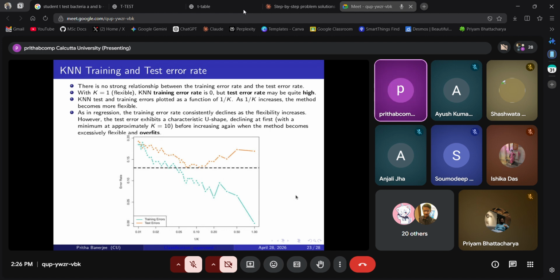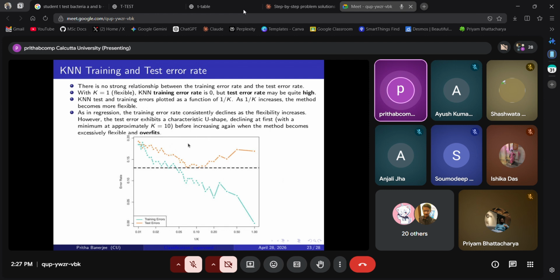Then you fit the new test values, look at the neighbors, and compare with the original labels of the test data set. That is the situation we are talking about. So in this case we are dividing the data set into training and testing, and then computing the training and test error rates.